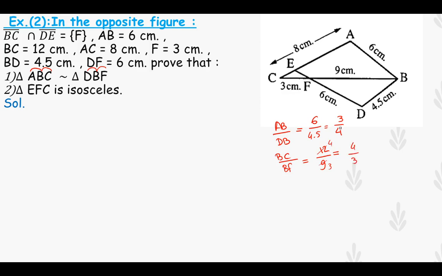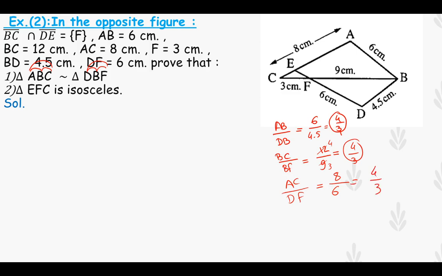So the first one, if we put it in your calculator, 6 over 4.5, will also be 4 over 3. Okay, so we have 4 over 3, and the last ratio will be AC over DF. AC is 8 centimeters, and DF is 6 centimeters. In the simplest form, it will be 4 over 3.